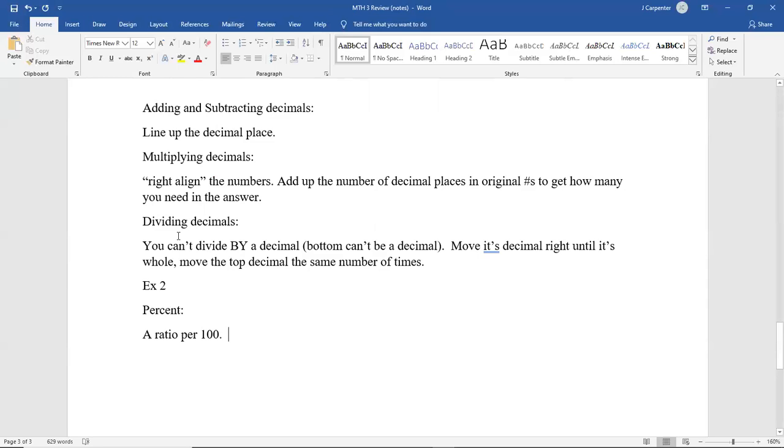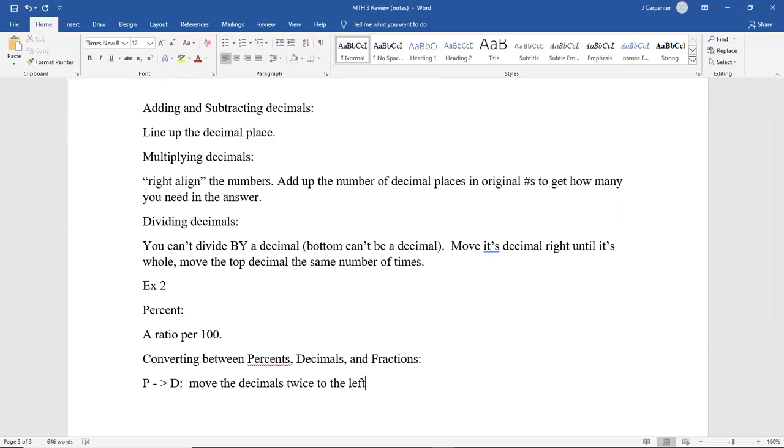So we can convert between percents, decimals, and fractions. We said to go from a percent to a decimal, you just move the decimal twice to the left. To go from a decimal to a percent, you move the decimal twice to the right.